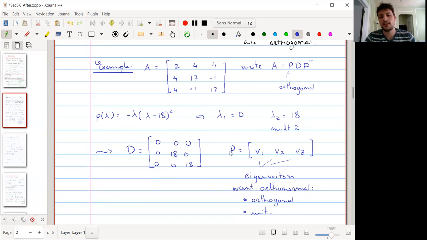What's left to determine is the matrix P. We want for P 3 linearly independent eigenvectors that are orthonormal to one another. So we want them to be orthogonal and we want them to be a unit vector.